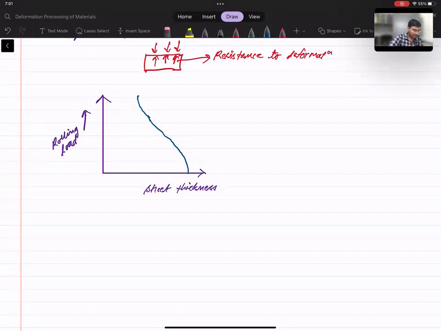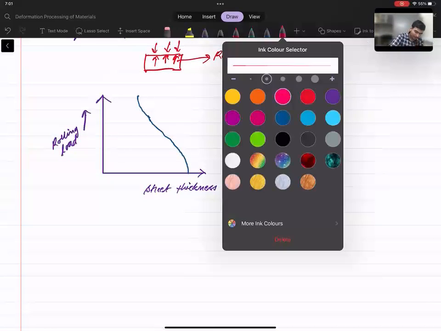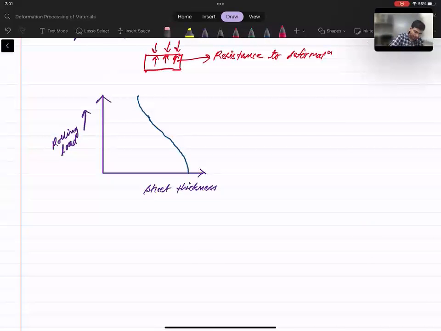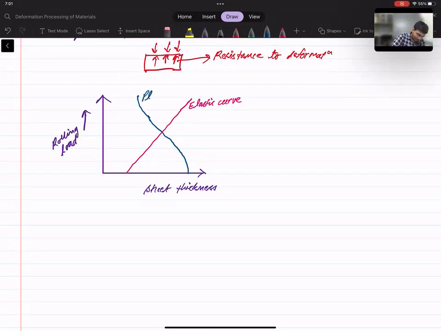So the elastic curve will be something like this. Okay, so this is my elastic curve, and this is the plastic curve.